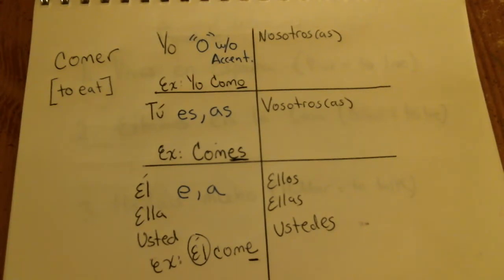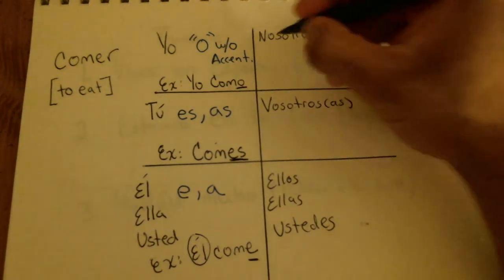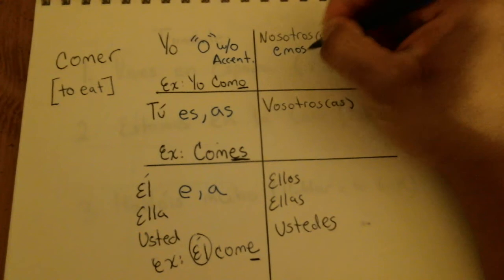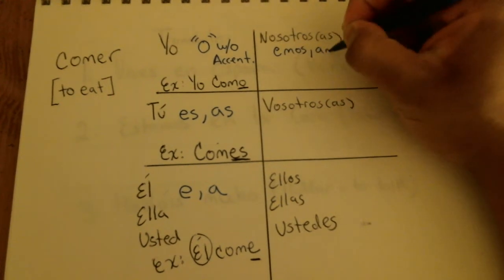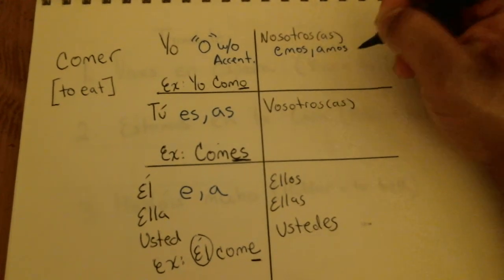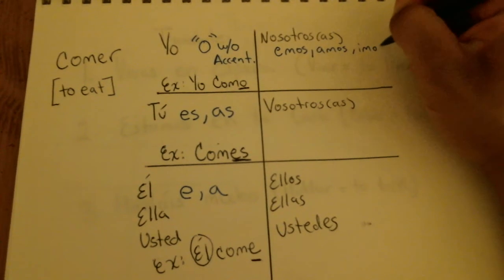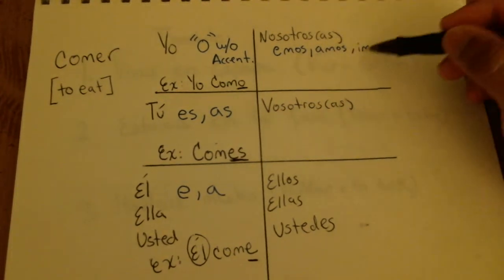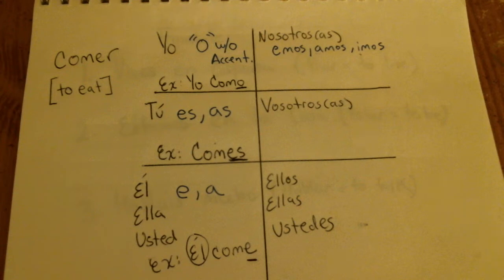Typically verbs that are in the we form will end in amos, amos, or emos, okay? Depending on what kind of verb it is, if it's an ER verb or if it's an AR verb or if it's an IR verb, okay? But typically if it's ending in emos, it's talking about something you did in the past tense. But I just thought I'd show you that for now.